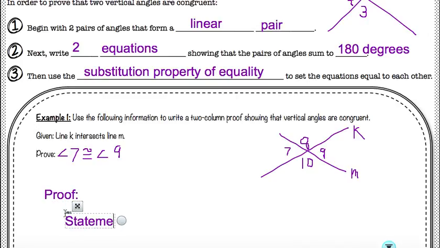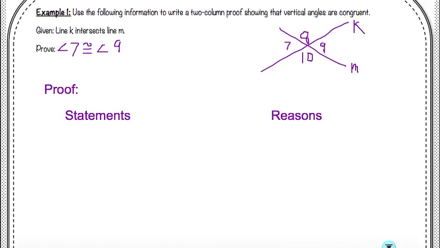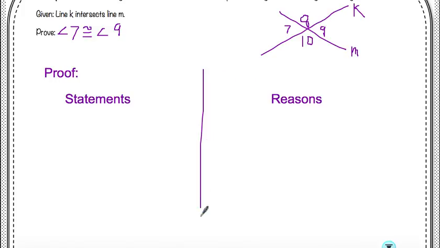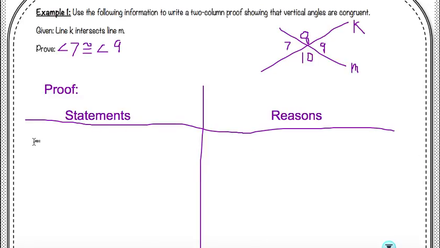Underneath that, we've got statements on the left and reasons on the right. What's great about this proof is that it's always the same. It's very predictable. Okay, so that means for you, the reasons are always the same 6 reasons in the exact same order. I think that's pretty awesome.